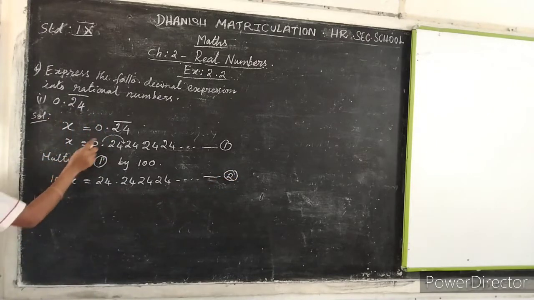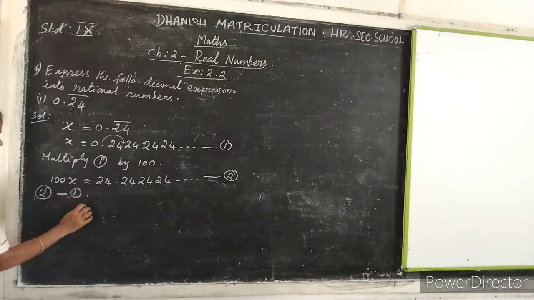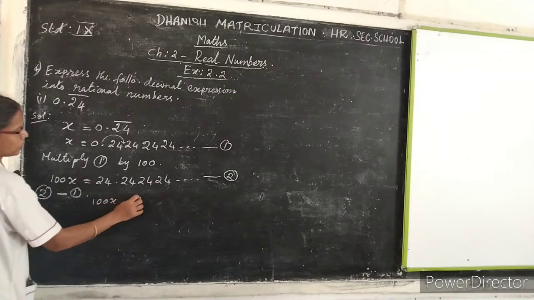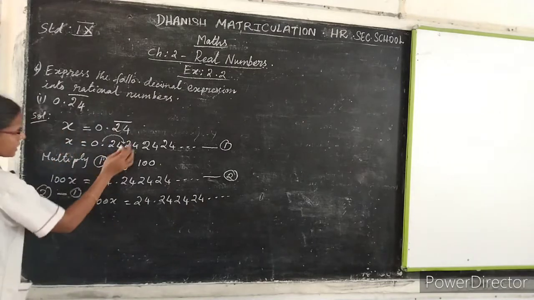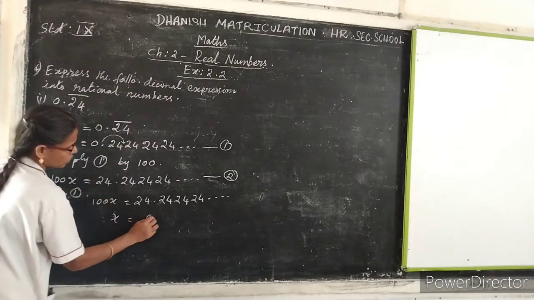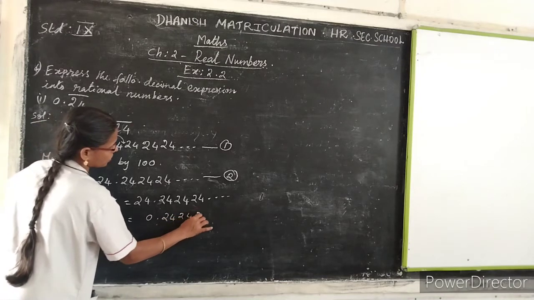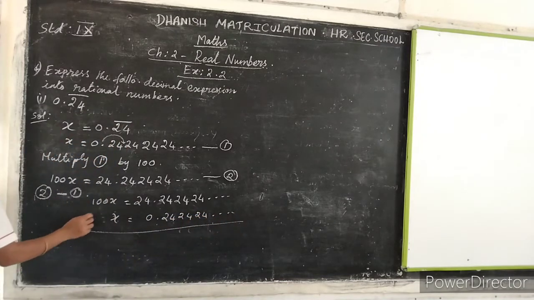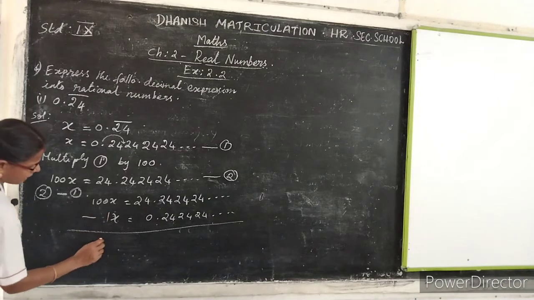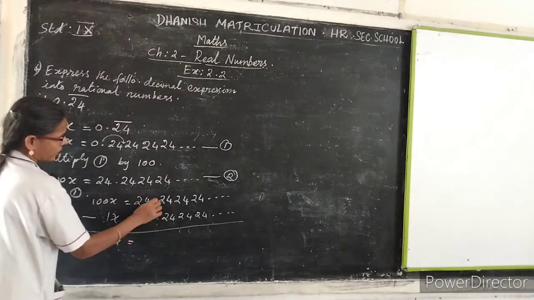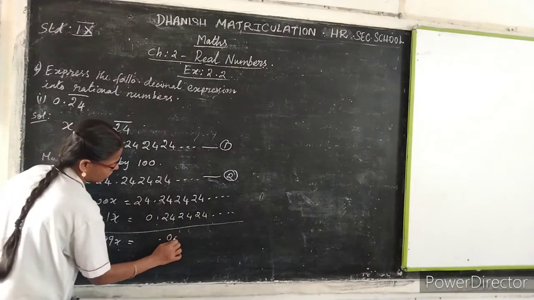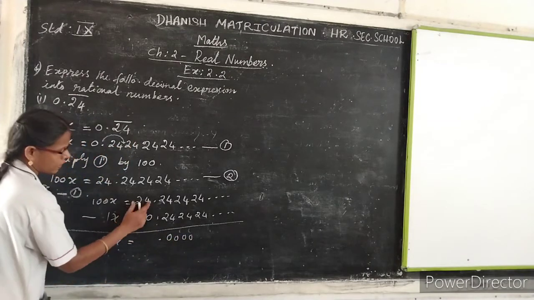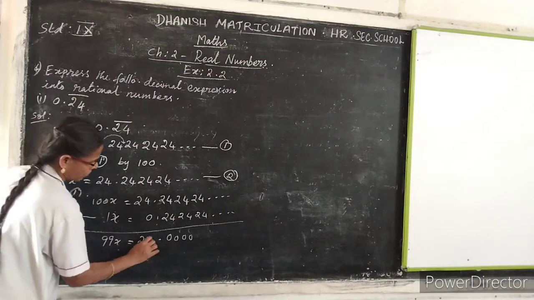Now subtract the first equation from the second equation. The second equation is 100x is equal to 24.2424 etc. The first equation is x is equal to 0.242424 etc. Now subtract: 100x minus 1x is 99x is equal to, here after the decimal point all digits are the same, therefore after the decimal point the value is 0. In the whole number part, 24 minus 0 is 24.